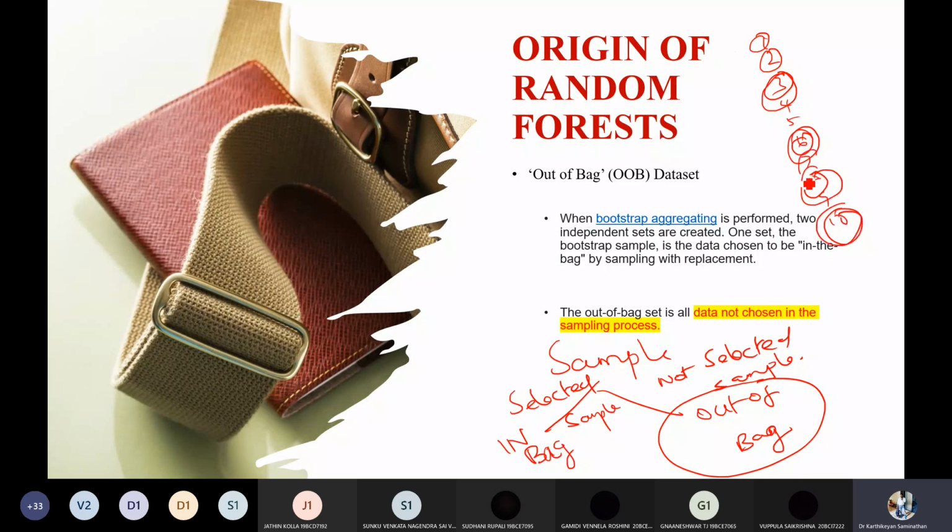Then the third sampling with 7, then 9, right? So all these data points were selected for sampling except 5. All the others are selected, so 5 will go to out of bag. The data not chosen for the sampling process we call the out of bag data set. Okay.